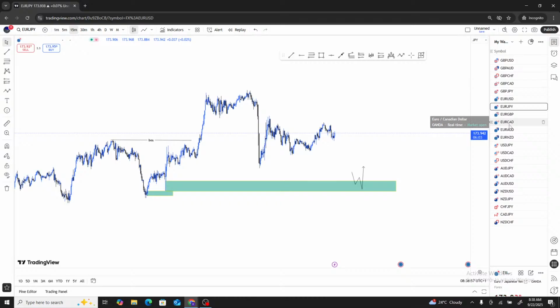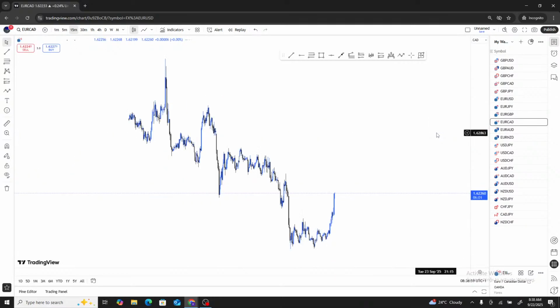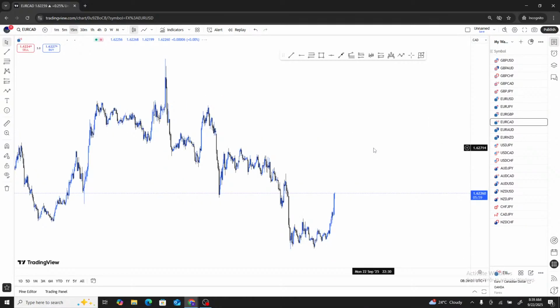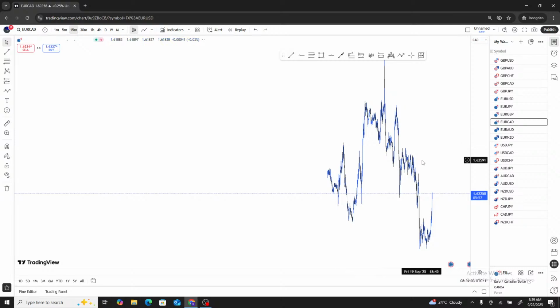Euro card. Look at what the Euro card is doing.